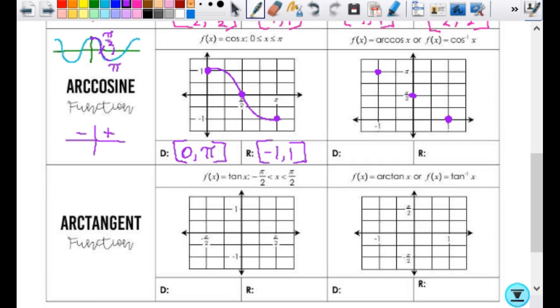So it's not using the same part of the graph both times like it did for sine, because remember, it's like a reflection in the line y equals x, which would be right here. So if I reflected in this right here, it should make sense that this is going where it's going. And then the concavity, which makes you giggle for whatever reason, is opposite. So it looks like this. Silly.